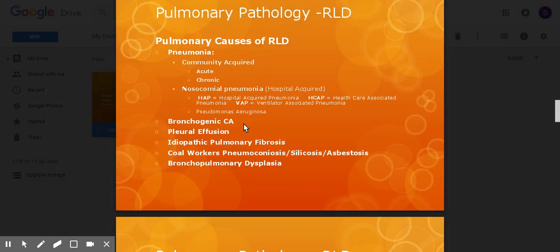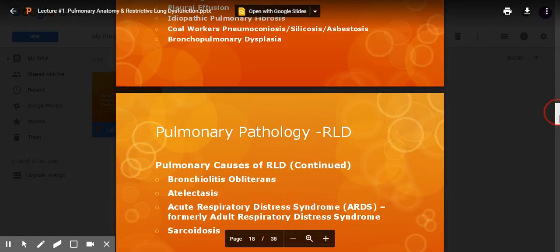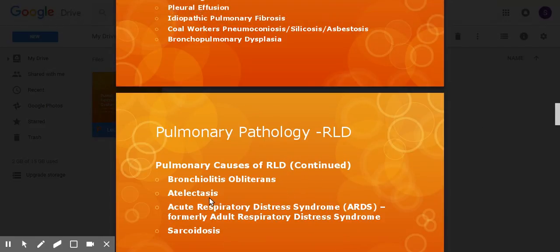We'll now talk about some other pulmonary-associated restrictive lung dysfunction actors: bronchogenic cancer, pleural effusion, idiopathic pulmonary fibrosis, coal workers' pneumoconiosis, silicosis, and asbestosis, bronchopulmonary dysplasia, bronchiolitis obliterans, atelectasis, acute respiratory distress syndrome, which is formerly known as adult respiratory distress syndrome, and sarcoidosis.